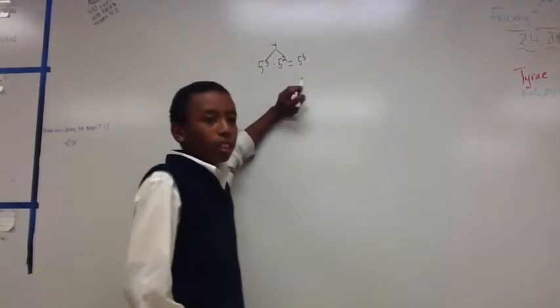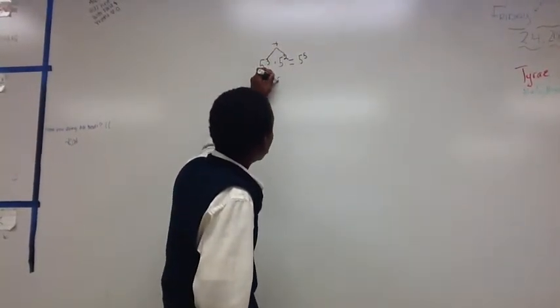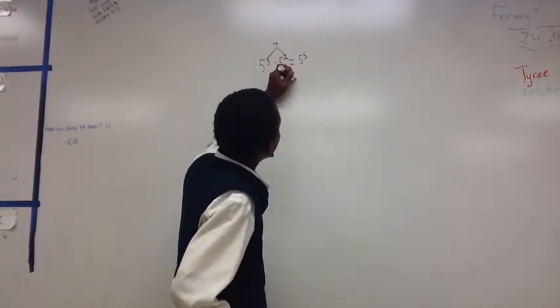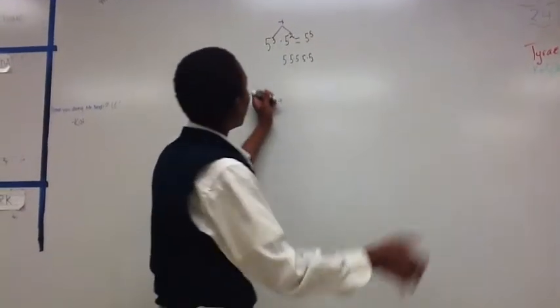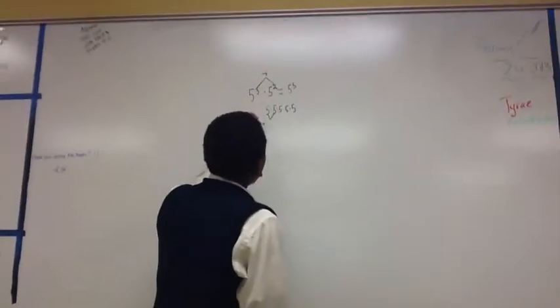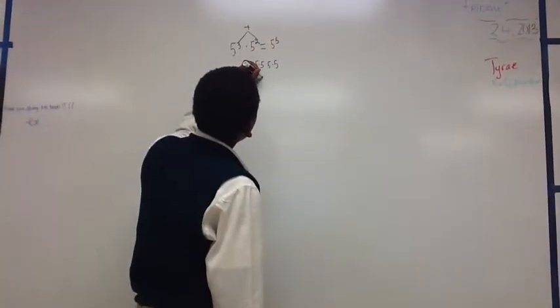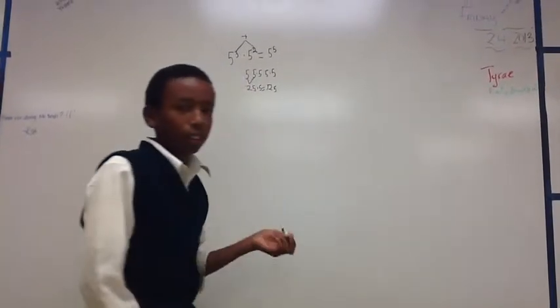Now if it doesn't have this answer option, then another way to write it is 5 times 5 times 5 times 5 times 5. And then after you do that, 5 times 5 is 25. Then 25 times 5 is 125. And then you just keep on going.